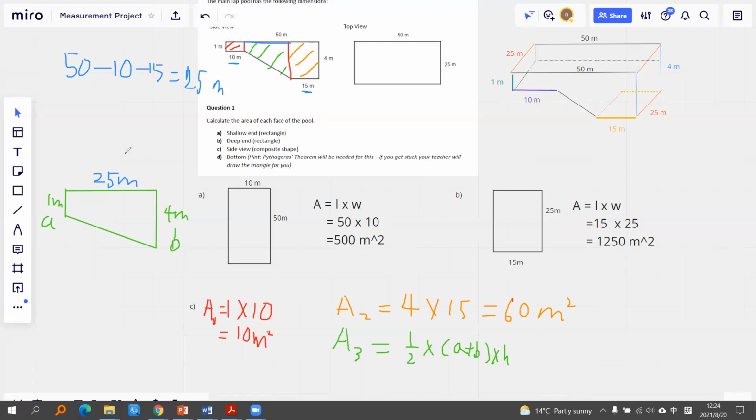So we just substitute the number. You have 1/2 times by 1 plus 4, because 1 is A, 4 is B, and times by 25, the height. So what answer do I have?